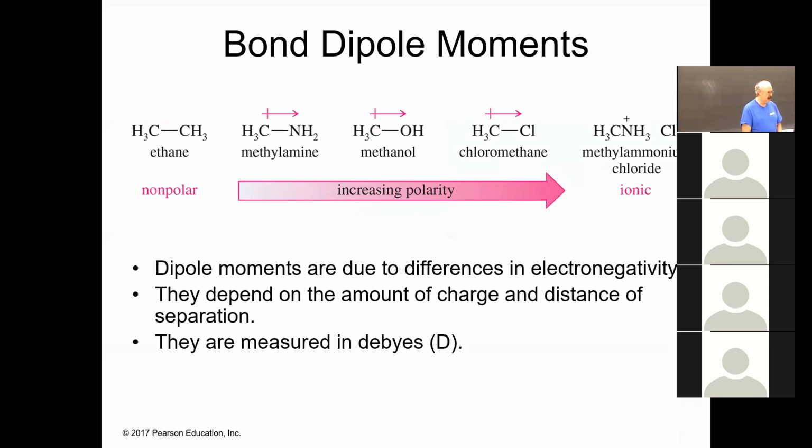Here we start out by talking about bond dipole moments.